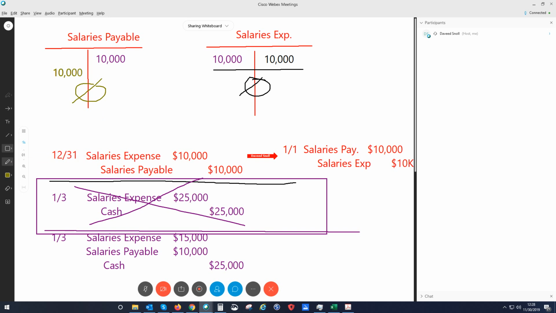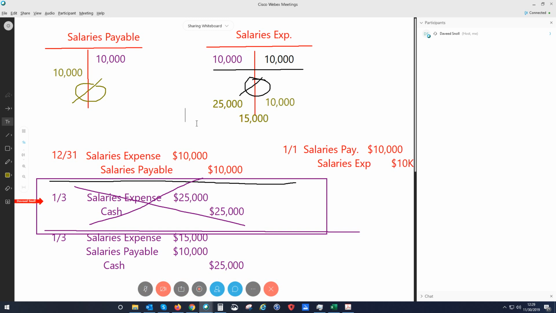And here is the $10,000 on 1-1. That goes to salaries expense. And now when this salaries expense journal entry on 1-3 is posted, we wind up with $25,000 here, netting us a balance of $15,000, exactly what we want.